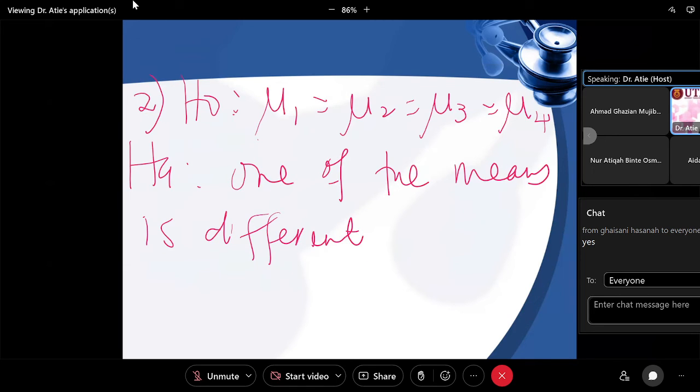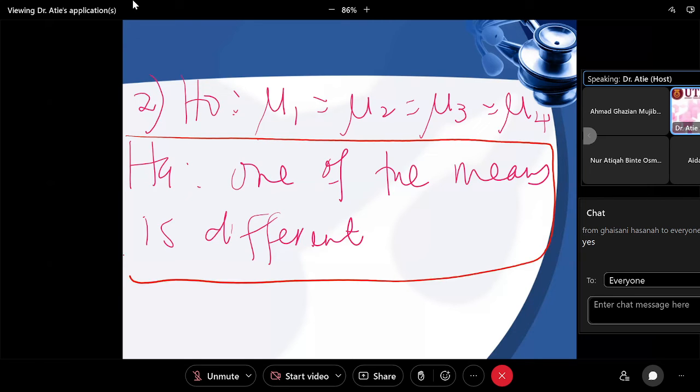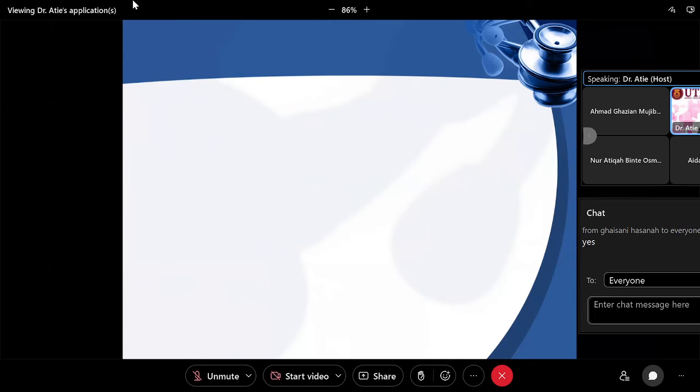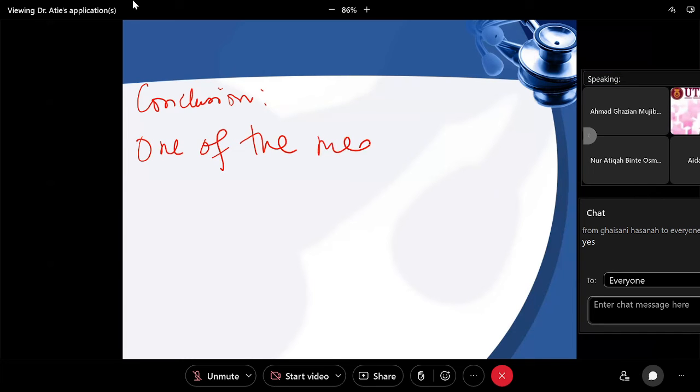When we accept HA, it means we accept this one is correct and our H naught is not correct. So it means that, okay, conclusion. So one of the means is different.